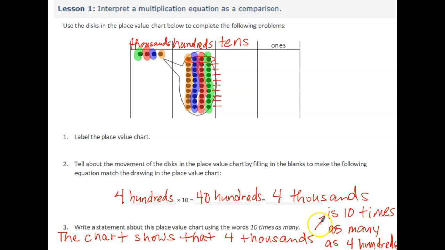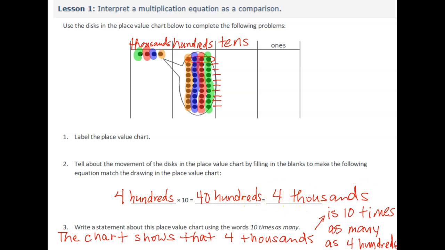Ran out of room there, but we have the chart shows that 4,000 is 10 times as many as 400. We know that 400 times 10 equals 4000.